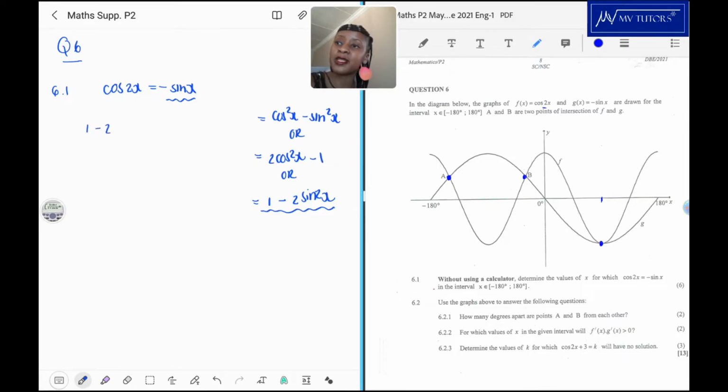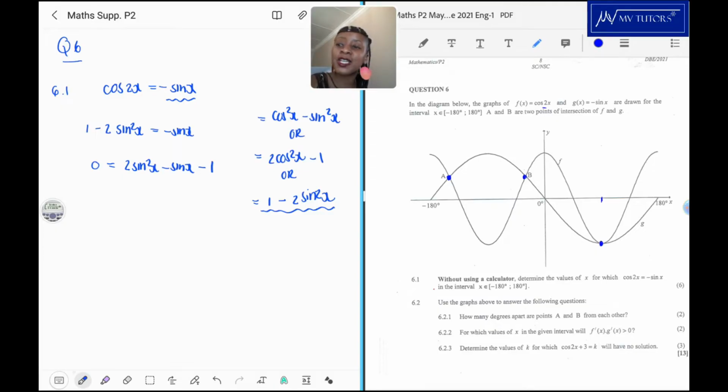Okay, 1 minus 2 sine squared x is equal to negative sine x. And then I'm going to take everything to the other side. So I have 2 sine squared x minus sine x minus 1. And there I see I have a quadratic equation. I can use my quadratic formula, or I can just factorize.